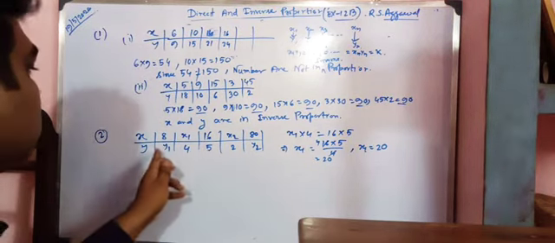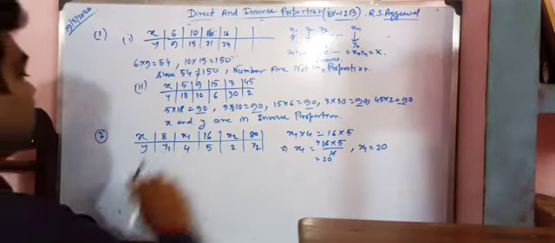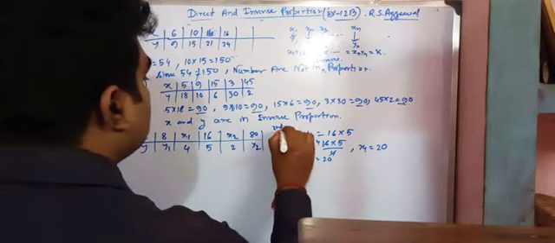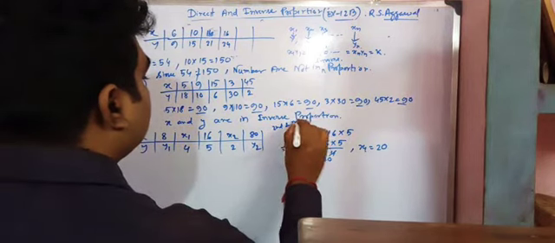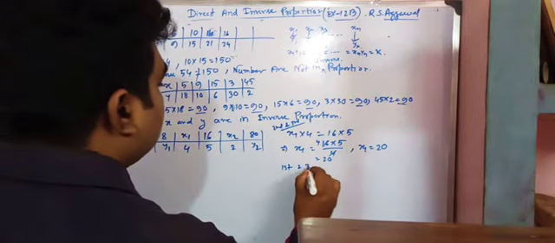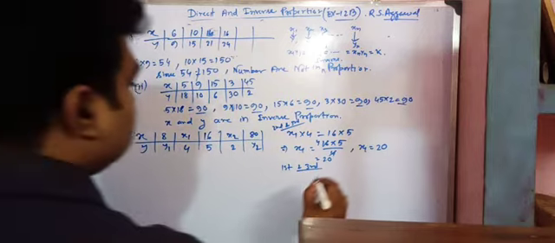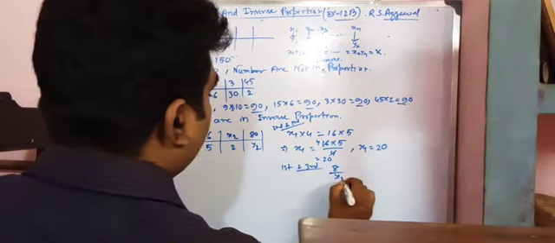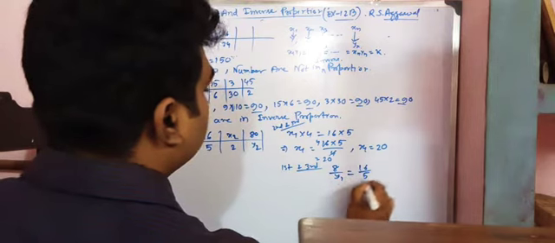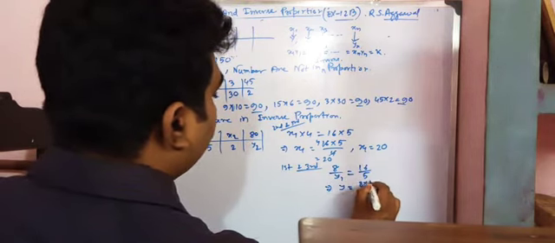Similarly, from first and third, 8 by y1 is equal to 16 by 5, or y1 is equal to 8 into 5 by 16.